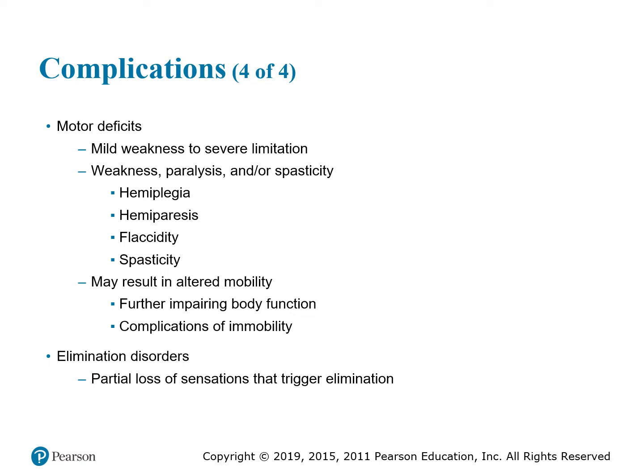So when I have paralysis and I'm not able to get up and walk and move around, you know, I'm going to see other changes affected as well. Then elimination. Because of the neurological damage, it may affect our ability to control our bowel and bladder. So we may go from being continent to incontinent. And so you may have partial loss of the sensations that trigger bladder elimination, resulting in urinary frequency, urgency, or incontinence, and the same thing with your bowel habits as well.